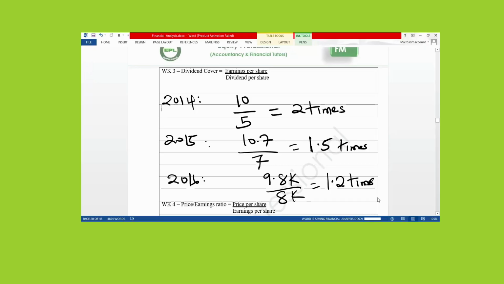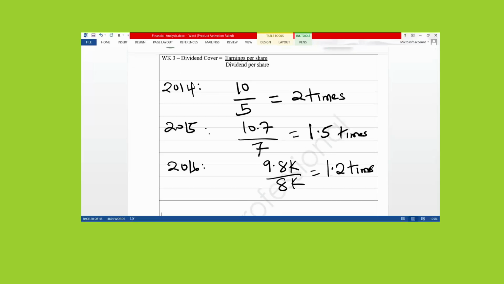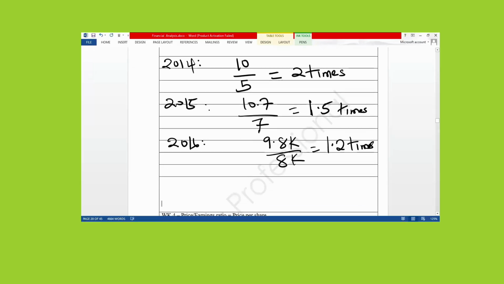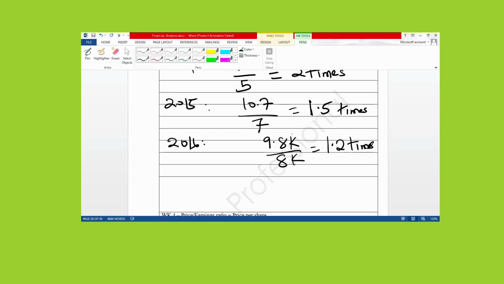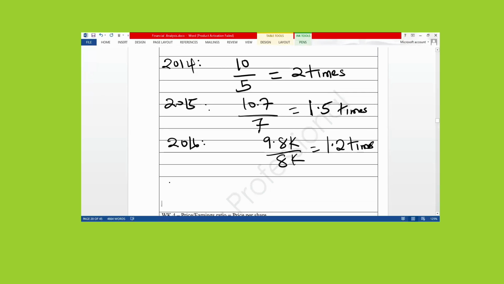Let us create space. All right, 2017. Earnings per share 12.1 kobo.